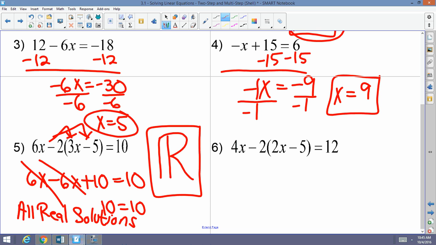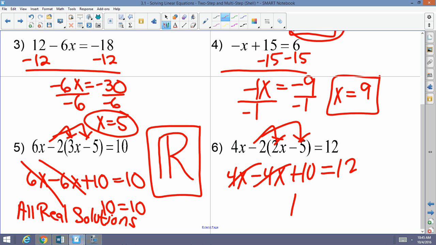And then how about for this next one, number 6? What do you think we would do here? Yes, sir, my man. Perfection. 10 equals 12. Yeah, these go bye-bye. 10 does not equal 12. So this is no solution, no real solutions.